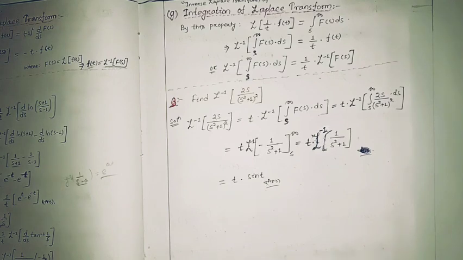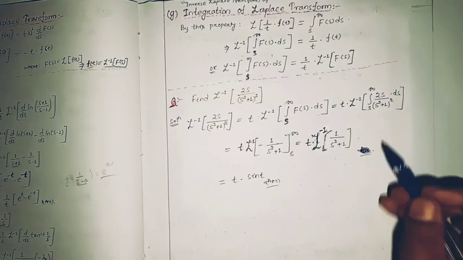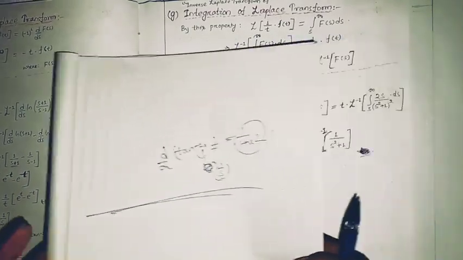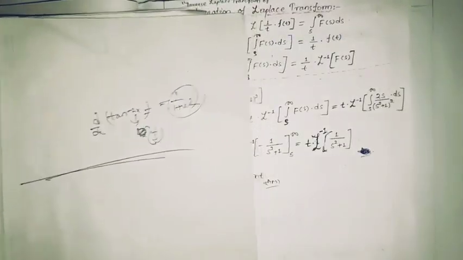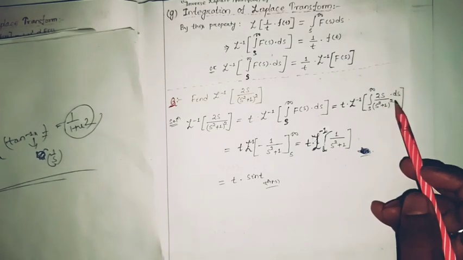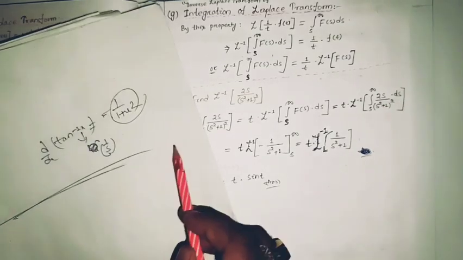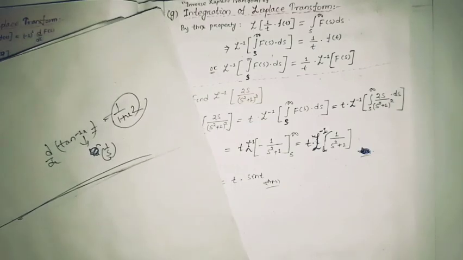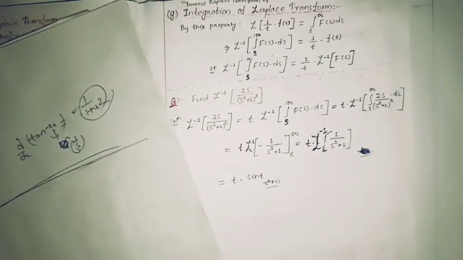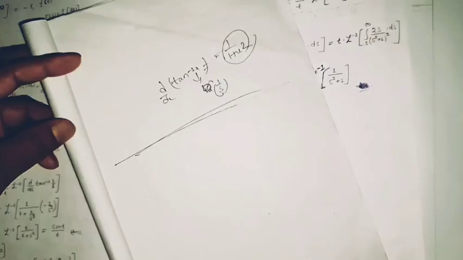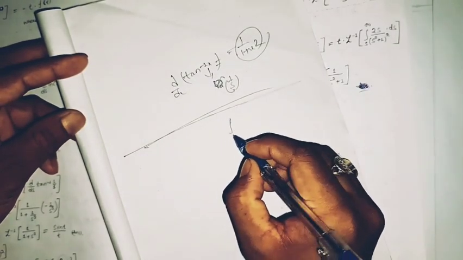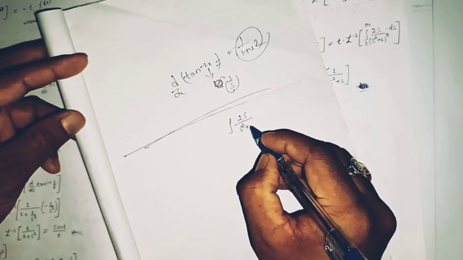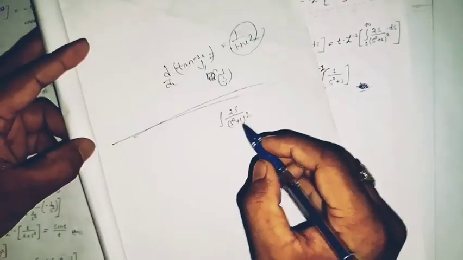So t into the inverse Laplace transform of 1 by s square plus 1 will be equal to t into sin t. Okay, here I am doing the integration of this one in my rough. You can see, no need to write in your note the integration of this one. This is very simple, for you only. Here I'm doing the integration. Okay, here you can see the integration of 2s by (s square plus 1) whole square ds.